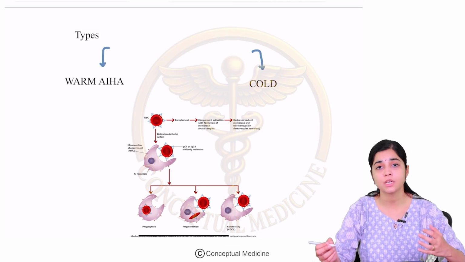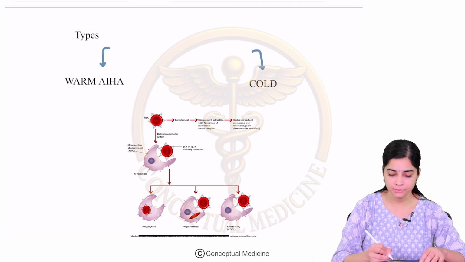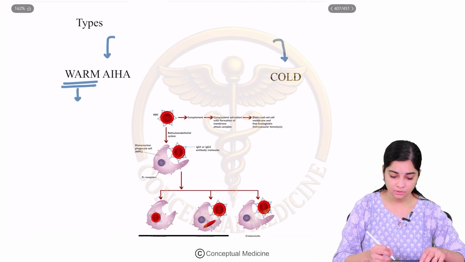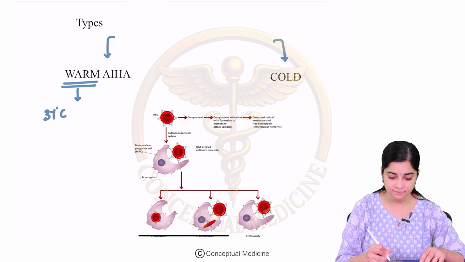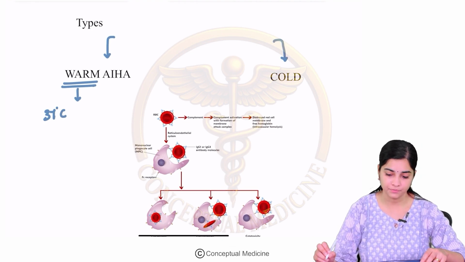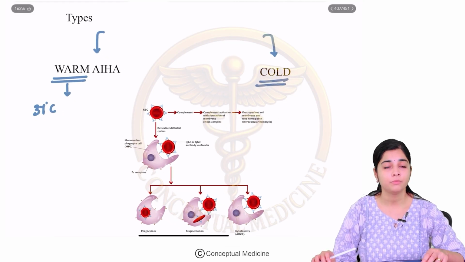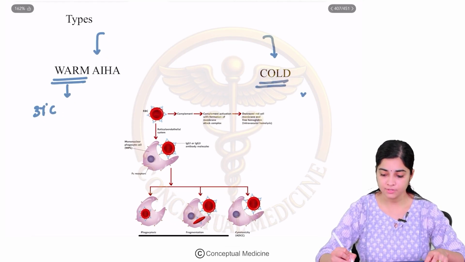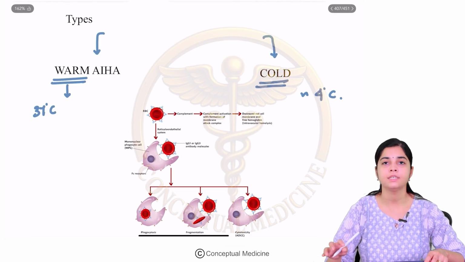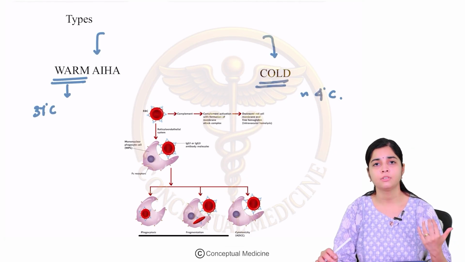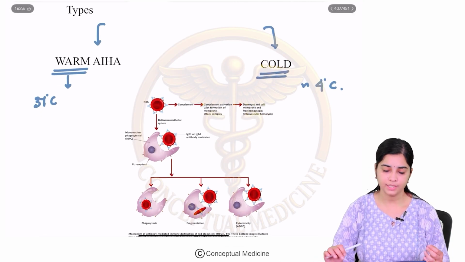What do the terms warm and cold refer to? Warm refers to AIHA where the autoantibodies are usually active at temperatures of 37 degrees Celsius and above, whereas cold AIHA refers to antibodies active at approximately 4 degrees Celsius, right? This is the basic difference in terminology between warm and cold AIHA.